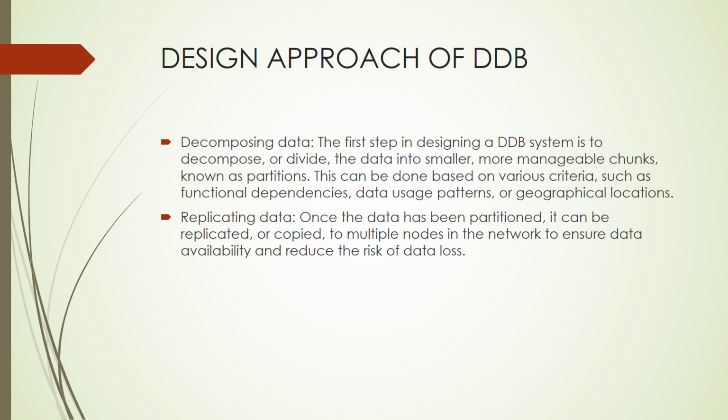The first step is decomposing data, in which you decompose or divide the data into smaller manageable chunks called partitions. Next, you've got replicating data, in which you replicate the partitioned data so that it could be passed on to multiple nodes.